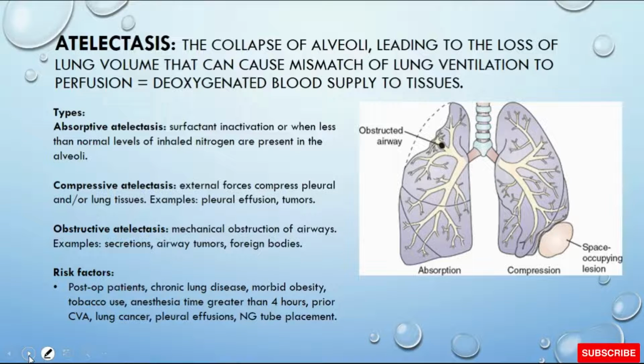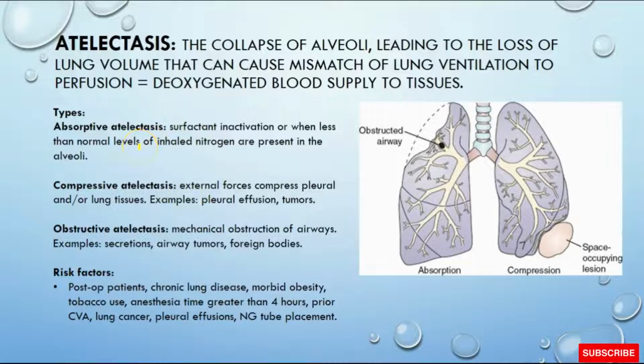Atelectasis: that's a collapse of the alveoli that will lead to a loss of lung volume, and it can cause a mismatch of lung ventilation to perfusion, which leads to deoxygenated blood supply to tissues. There are different types.